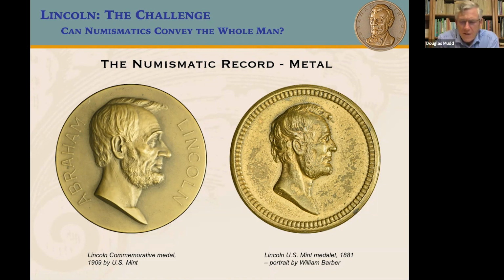The line of his mouth, his lips are undefined, and I don't know if that was intentional or not, but his mouth extends back and then has a down curve to it, which you don't see in any of the other portraits at all. And so I think this is just a poorly done portrait, perhaps reflecting Barber's own feelings towards Lincoln. I'm not sure if that applies, but it's not a particularly good one, unfortunately.